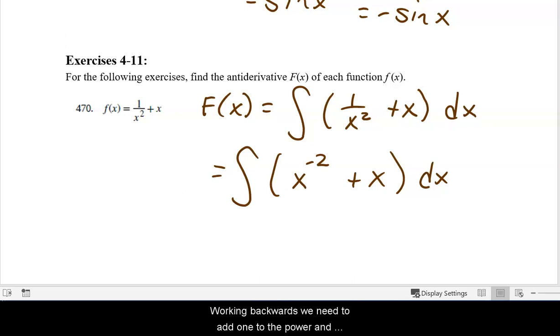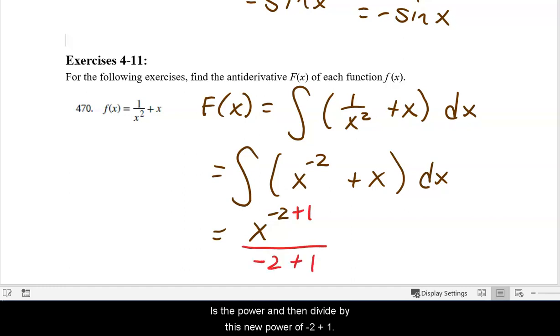Working backwards, we need to add 1 to the power and then divide by that new power to compensate for having multiplied by it. That means that in this problem, I need to add 1 to the power and then divide by this new power of negative 2 plus 1.